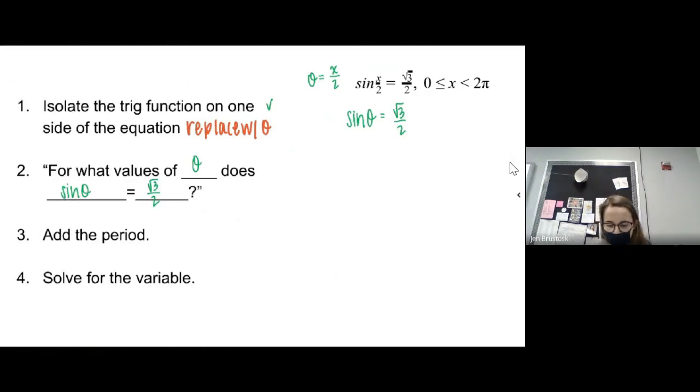Take a second, go ahead and write out what theta would equal, and don't forget to add your period. So do these 2 steps on your own. You can talk to people sitting around you, all that jazz. You also might want to get your unit circle out for the time being.